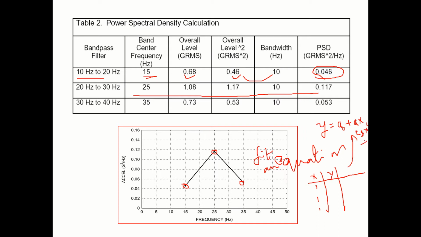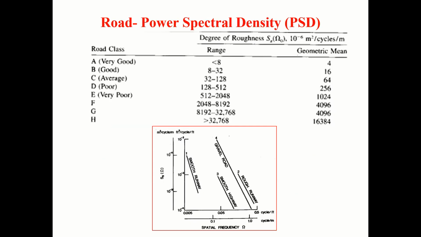Like that I'll fit a polynomial, find the a naught, a1 values, and I'll get my equation. Y is nothing but my acceleration, that is the input. So instead of acceleration, you call this maybe Sg. You get this equation. So here he has given Sg values in units of meter squared per cycle per meter.